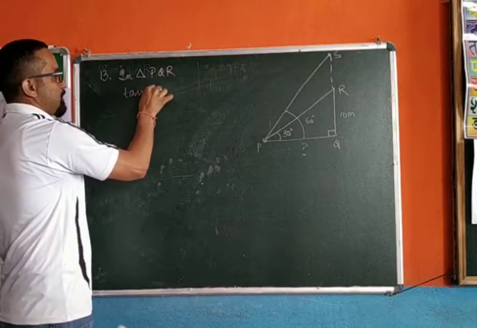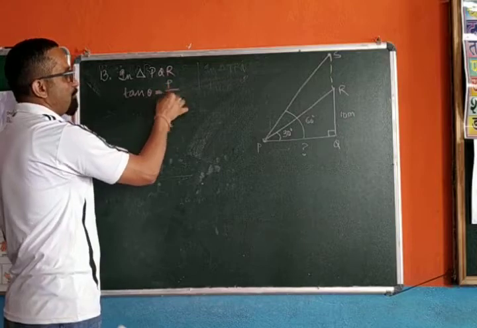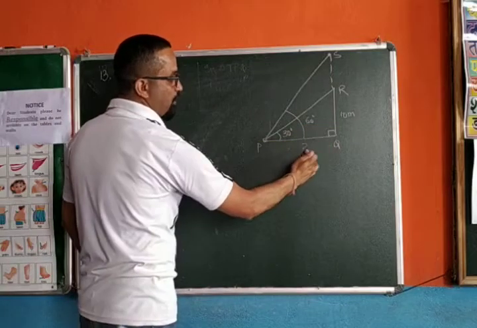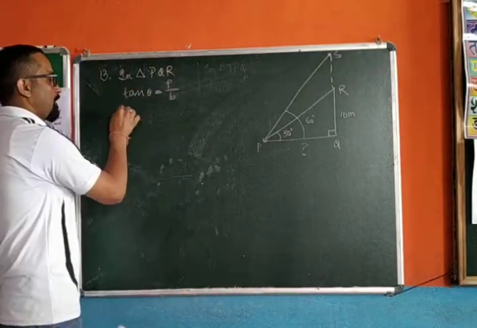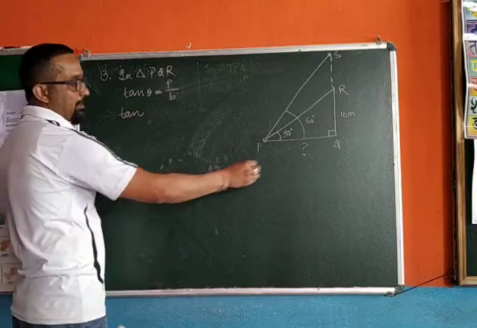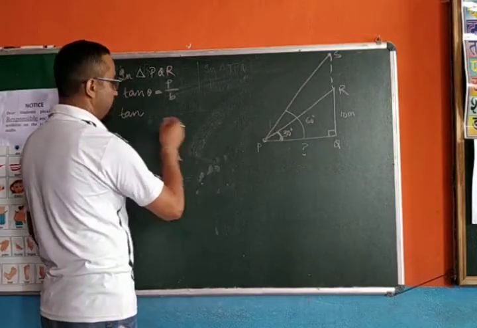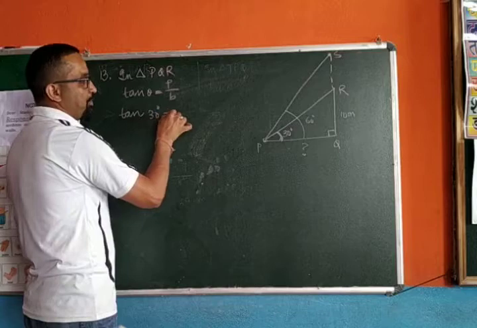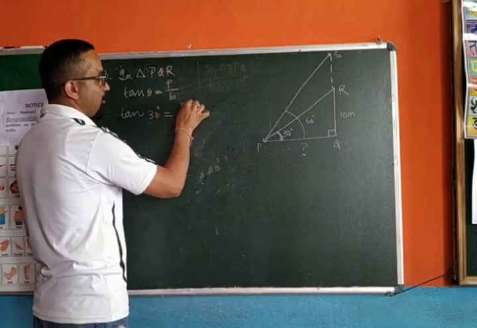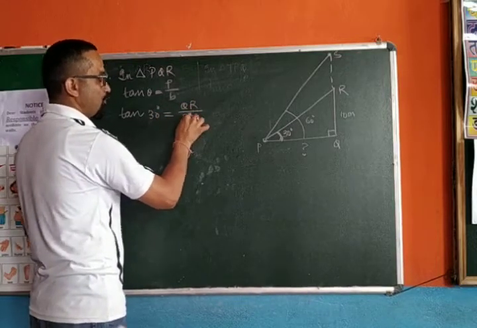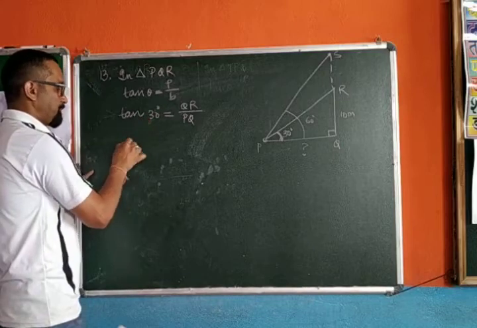Tan theta is equal to perpendicular upon base, because we know the perpendicular; the base is unknown. Tan, the angle of elevation is 30 degrees. Perpendicular is QR and base is PQ. Substitute here.